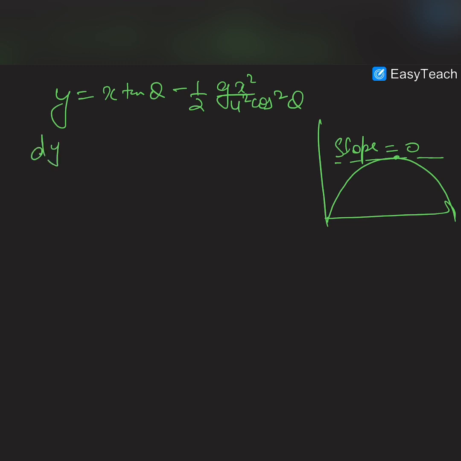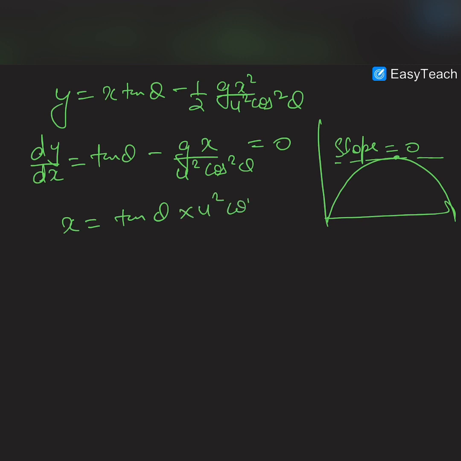So dy by dx is the slope, and dy by dx is tan theta minus g x upon u square cos square theta. If we equate this slope to 0, then x is equal to tan theta into u square cos square theta by g. Okay, so this is x, and you can see that this x is obviously R by 2.